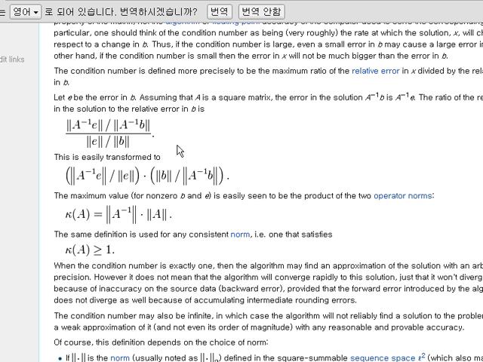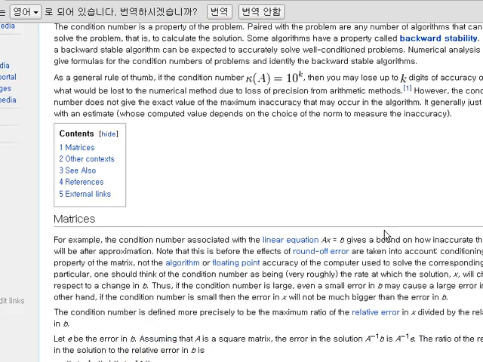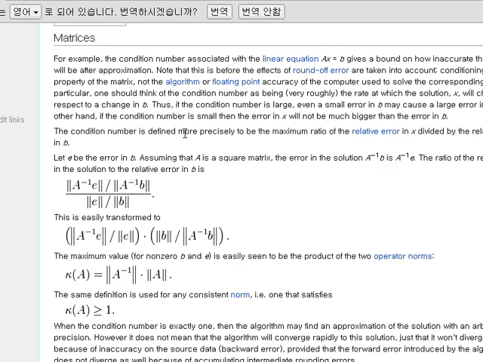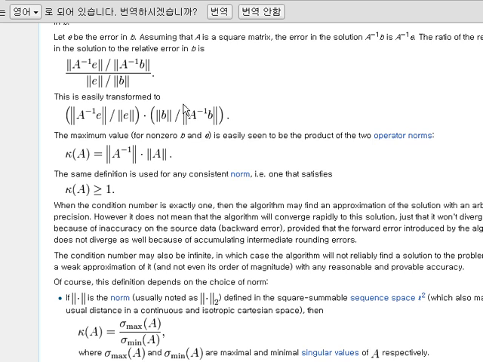So how can we find these condition numbers? Here we have seen the absolute value for real or complex numbers, and we also know about the norms for vectors.